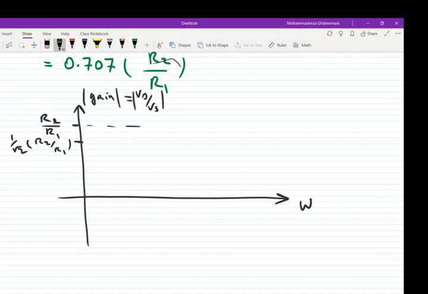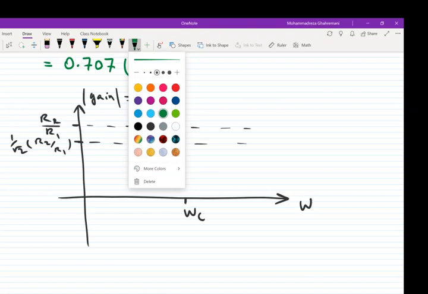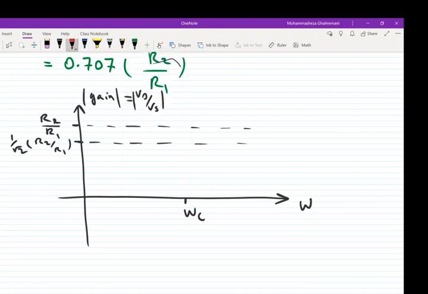Let's mark these two areas. And if we assume here is omega C, we can say that the signal should be something like this. Or, a better way, let me draw it like this.